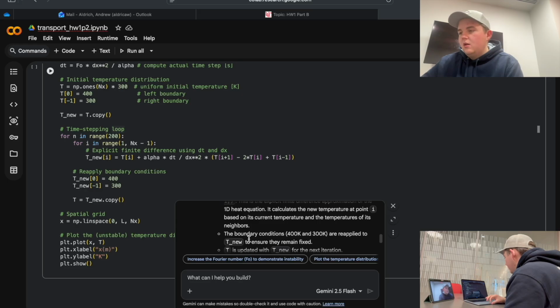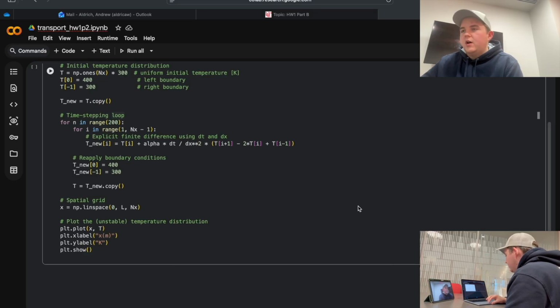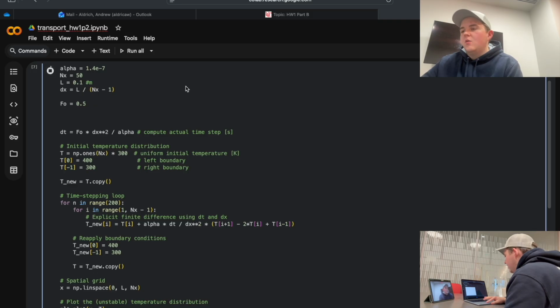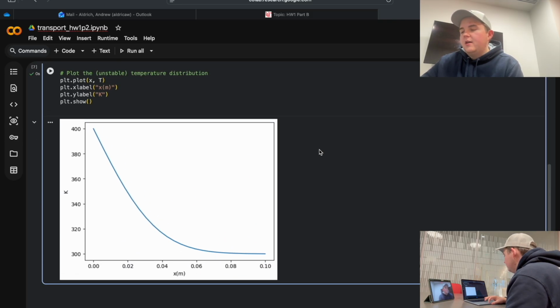Cool. And then back down here is just all plotting. Let's try running this. Perfect. So what we have here is our temperature in Kelvin and our placement of x in meters.